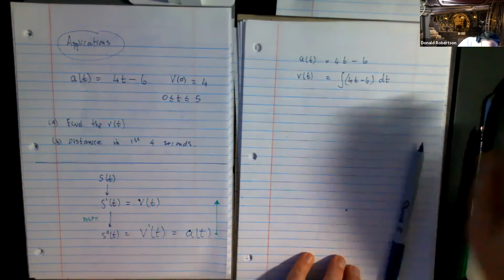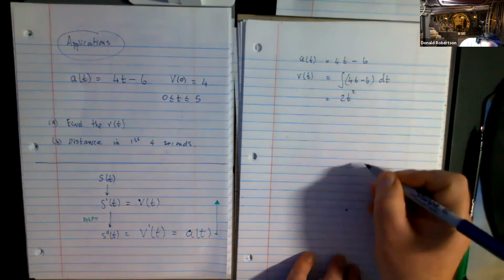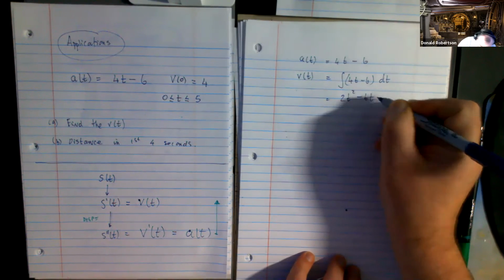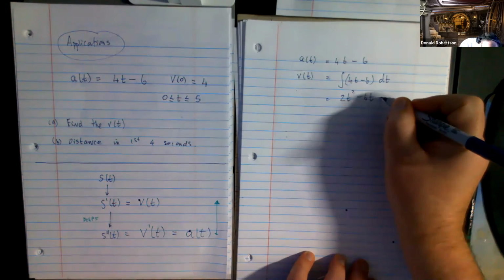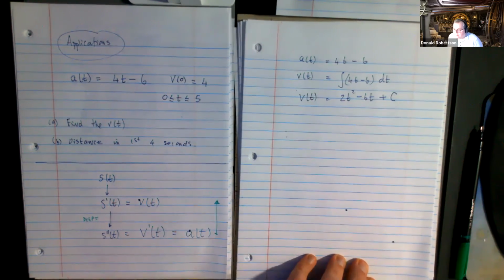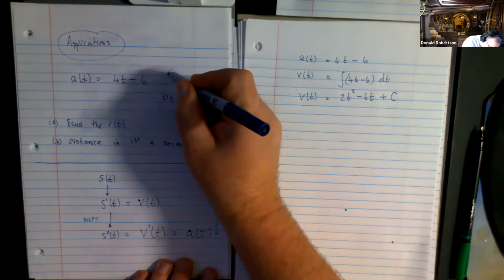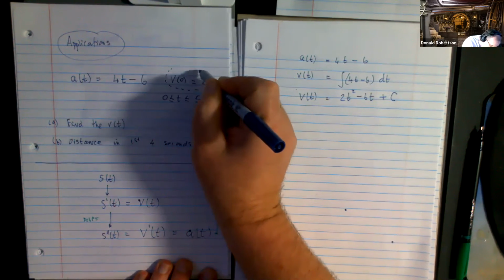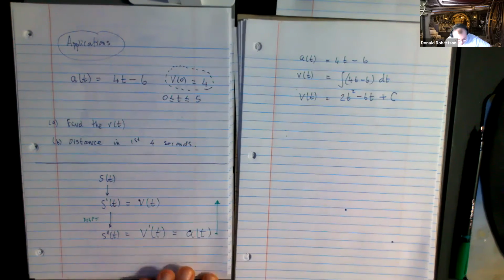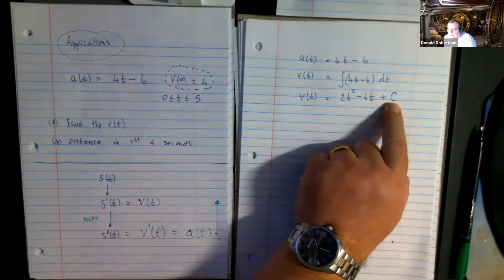And when I integrate it, add 1 to the power, take away 6t, that's fine. Oh, plus c. When you do an indefinite integral, you always have that plus c tagged on. But can you remember this piece of information over here that you were told in the question? How is that piece of information going to help me to find c?